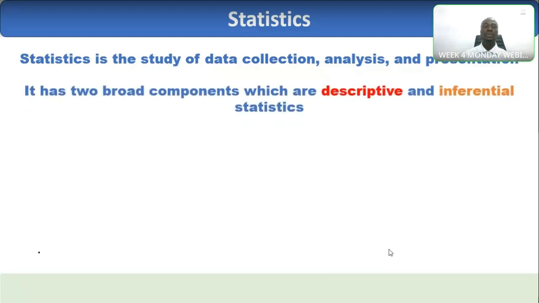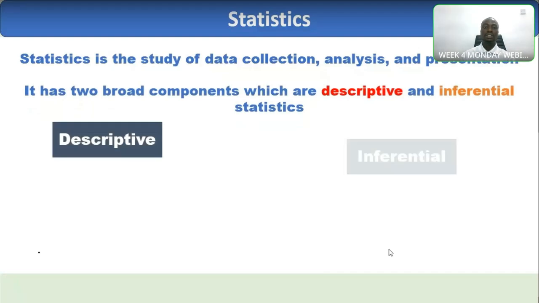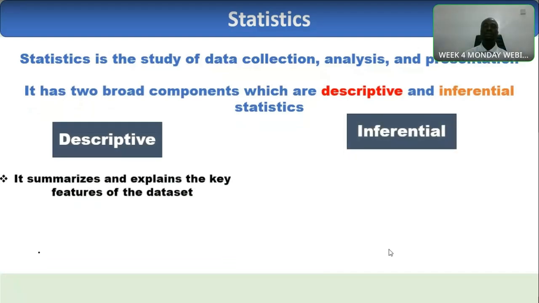There are two broad components of statistics, which are the descriptive and the inferential statistics. Descriptive statistics summarizes and explains the key features of the data, that is, some of the direct findings we can extract from a data set.